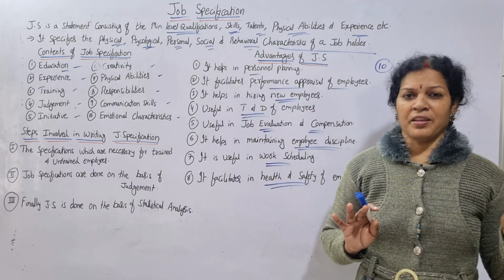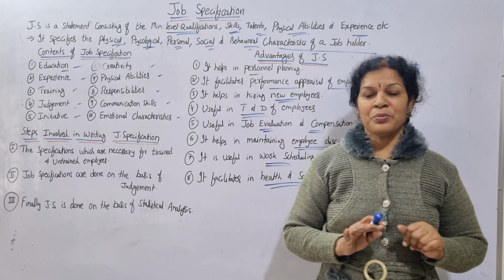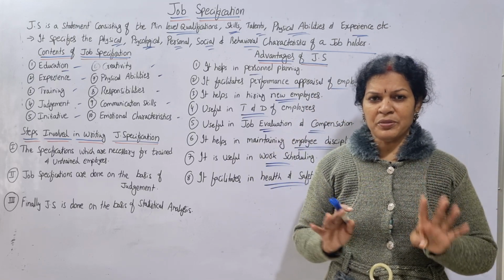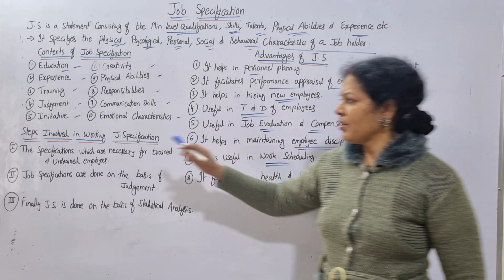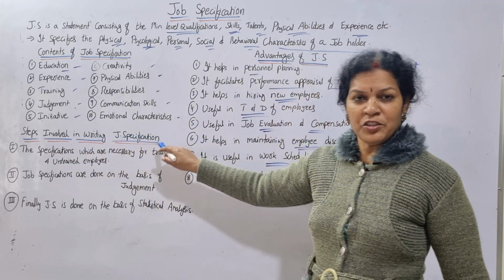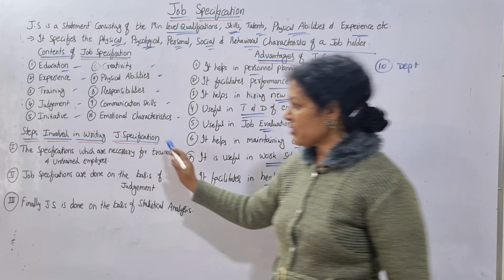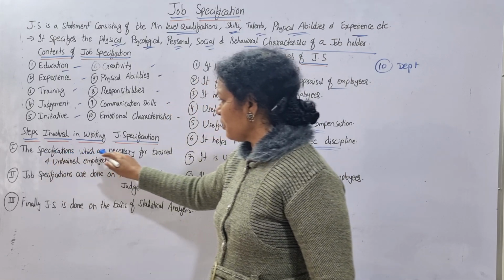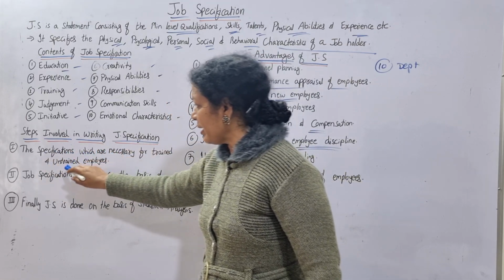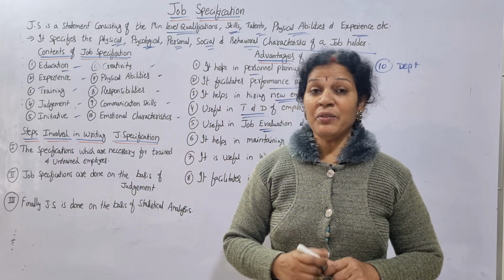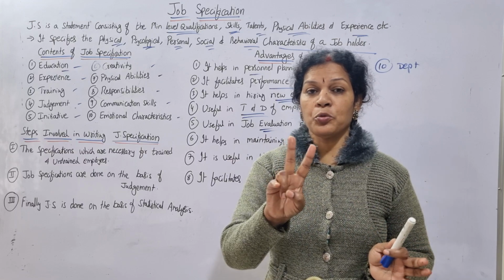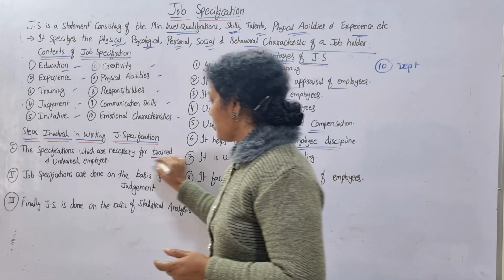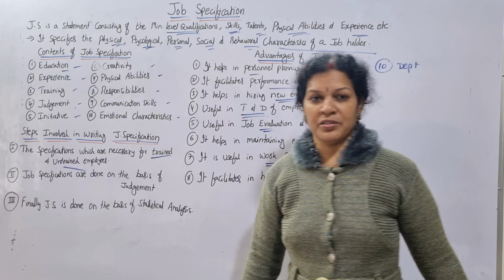Now, the steps to prepare this job specification. There are simple 3 steps. In the last class we discussed many steps, 4 steps, but here simple 3 steps. So, the steps involved in writing a job specification. The first step is the specifications which are necessary for trained and untrained employees. Here we categorize employees in 2 ways: trained and untrained employees.